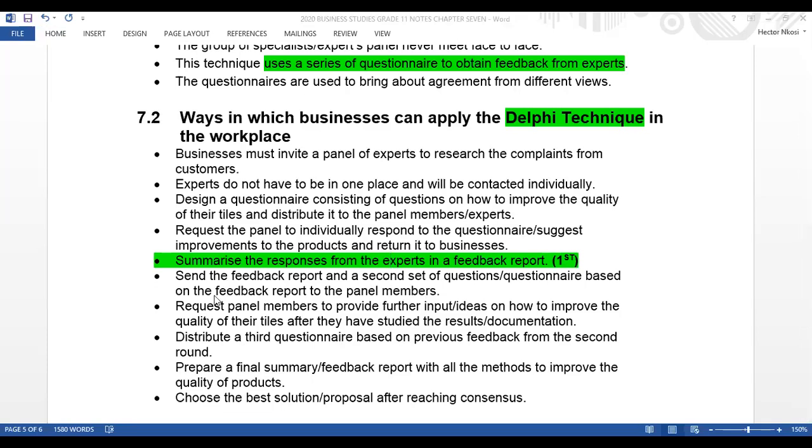Sorry about that. So you must send a feedback report and a second set of questions or questionnaires based on the feedback report to the panel members. Then request the panel members to provide further input or ideas on how to improve the quality of their tiles after they have studied the results or documentation.